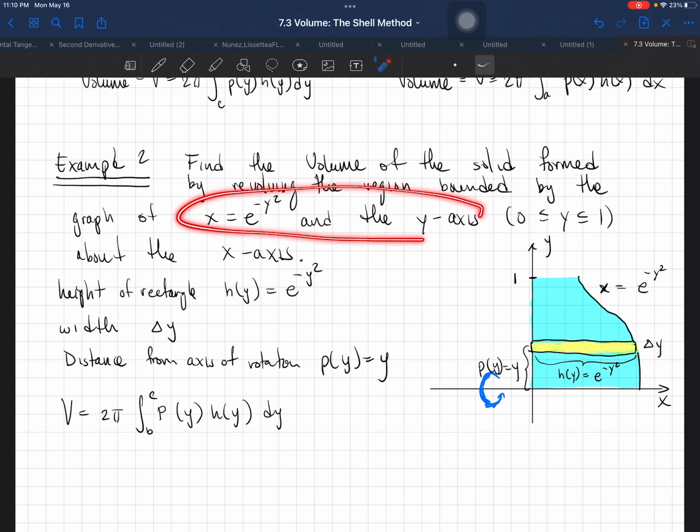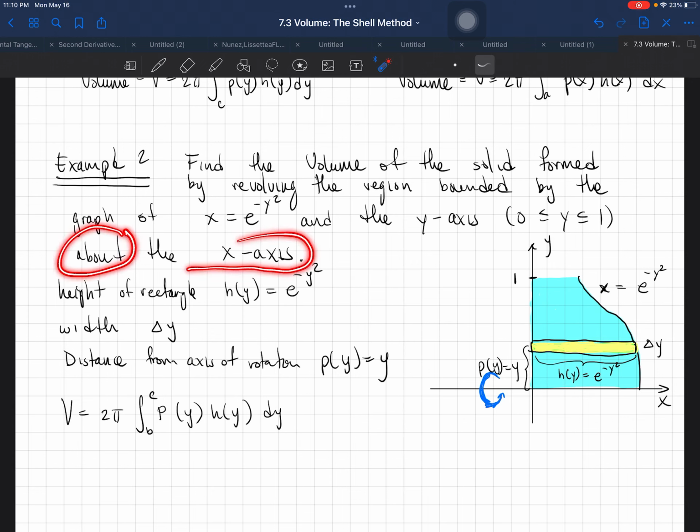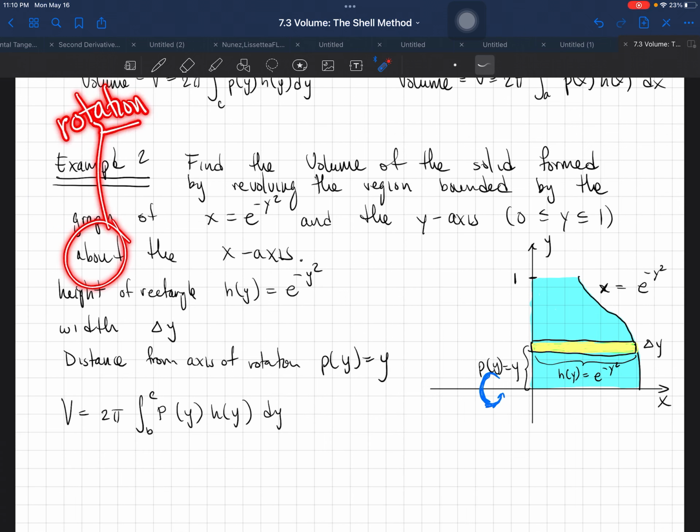So this is the region bounded, right? And it is rotated about the x-axis. So the word about is a clue that this is where the rotation happens, on the x-axis. So the word about is the keyword to determine which is the axis of rotation.